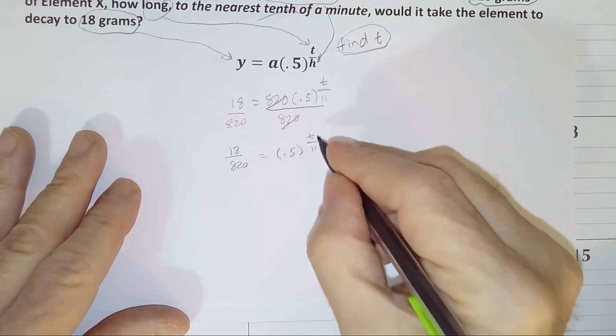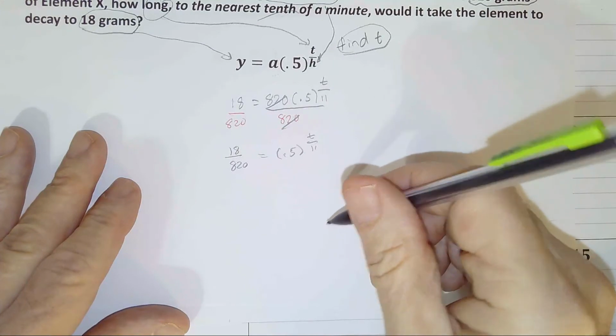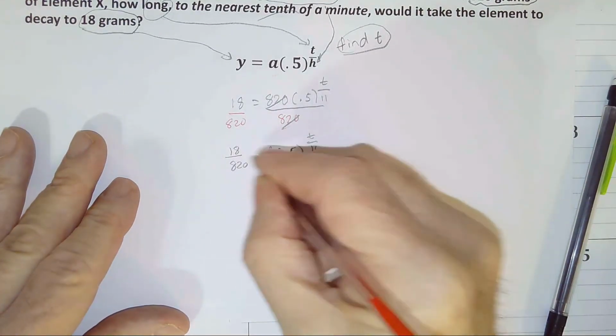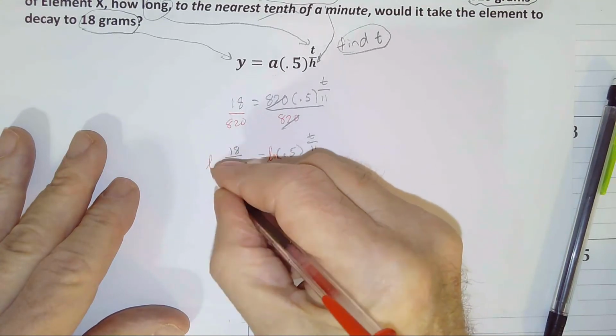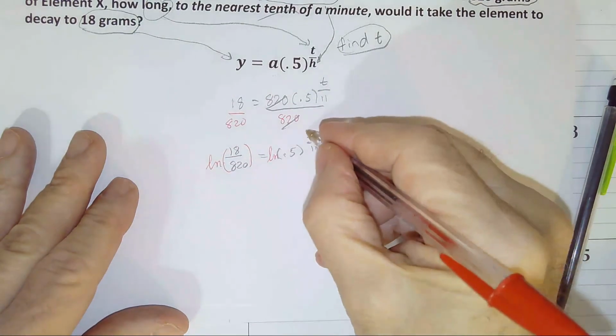We want to get the power down, so to do that we're going to have to put in logs. So we're going to put in a log on each side. And that way we can drop the power down.